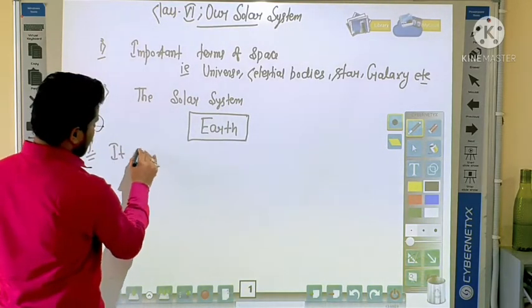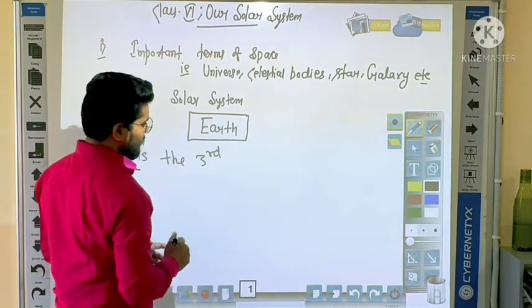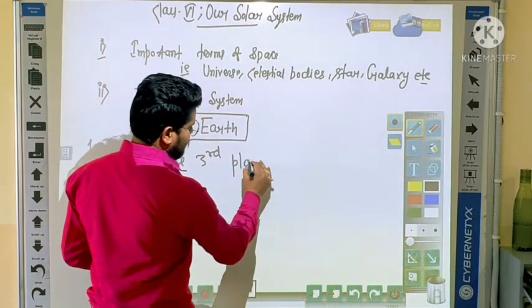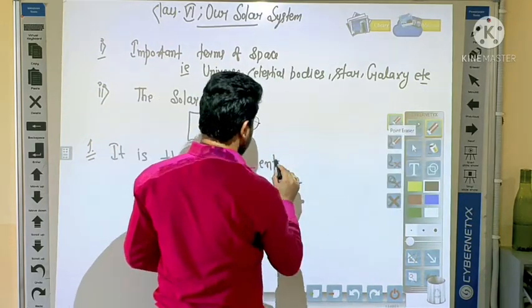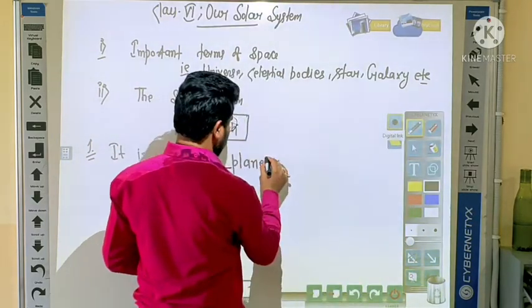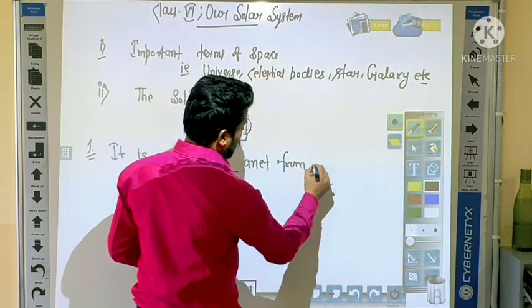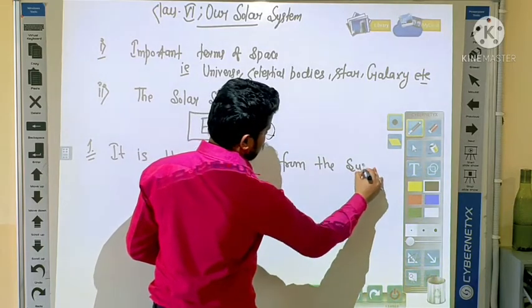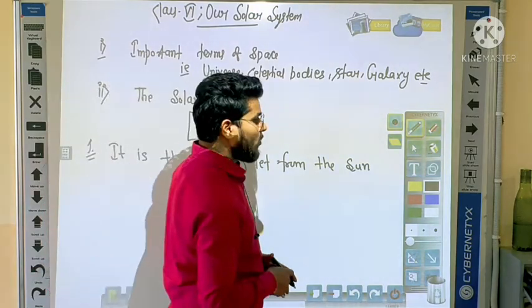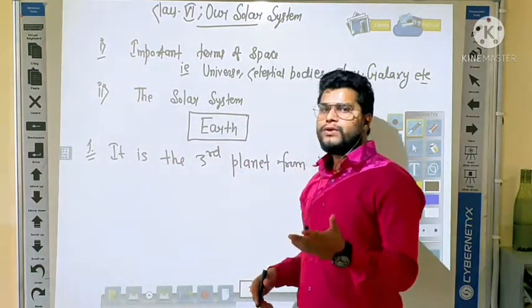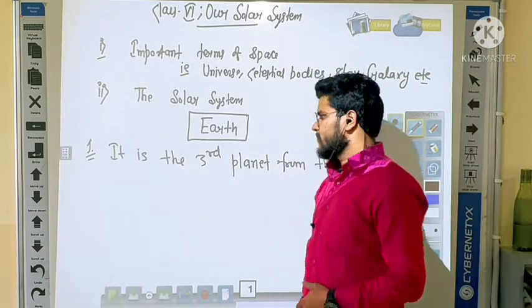It is the third planet from the Sun. We know that the two planets are Mercury first and second one is Venus.